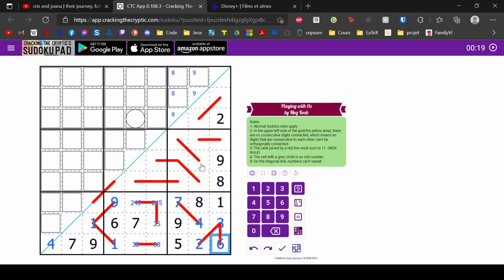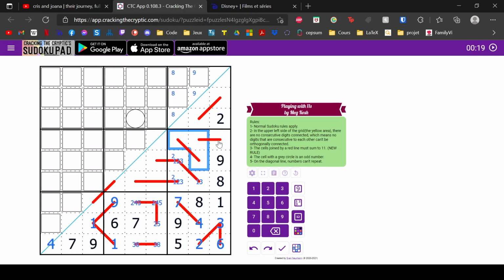Okay, so where does the 1, 2, and 3 go in this region? It has to be there because to make 11 it would be 1 with 10, 2 with 9, or 3 with 8. That's not a 2, so I have a 2 there.